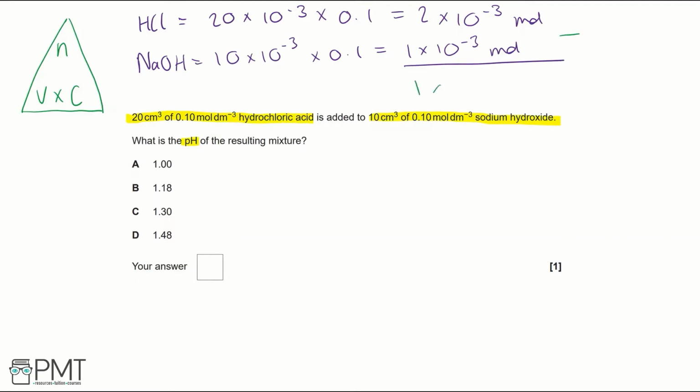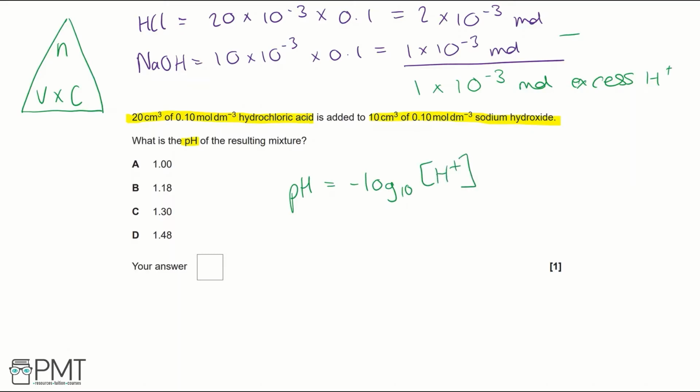So that equals 1 times 10 to the -3 moles of excess H+, and that just means acid. So the equation we're going to use now is that pH is equal to minus log 10 of the concentration of H+.